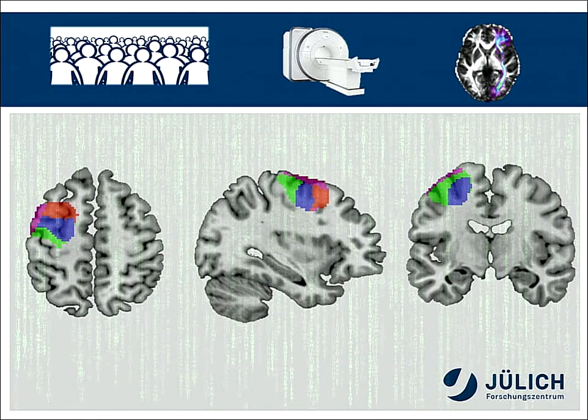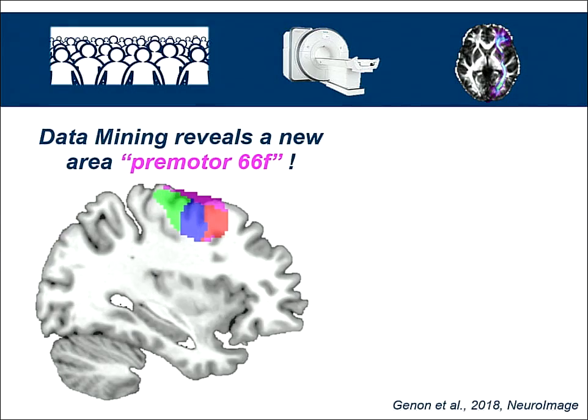So we are in the frontal lobe, that perfectly fits with what is said in the scientific literature. Rostrocaudal organization, and in addition to that, we have one new area that we did not expect. So we might find it a pretty name like premotor 66F, and we could write to Nature, we have found one new area in the brain.